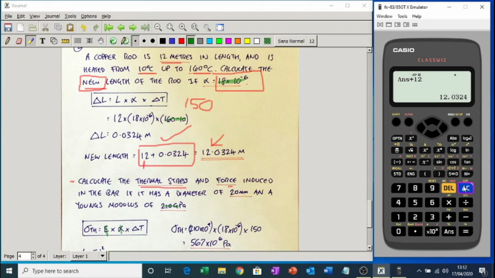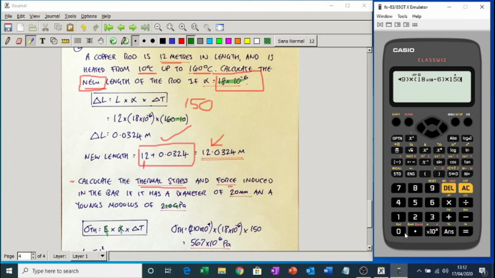So multiply them together. Young's modulus is 210 to the 9 times by coefficient of expansion, 18 to the minus 6, times by the change in temperature, 150.